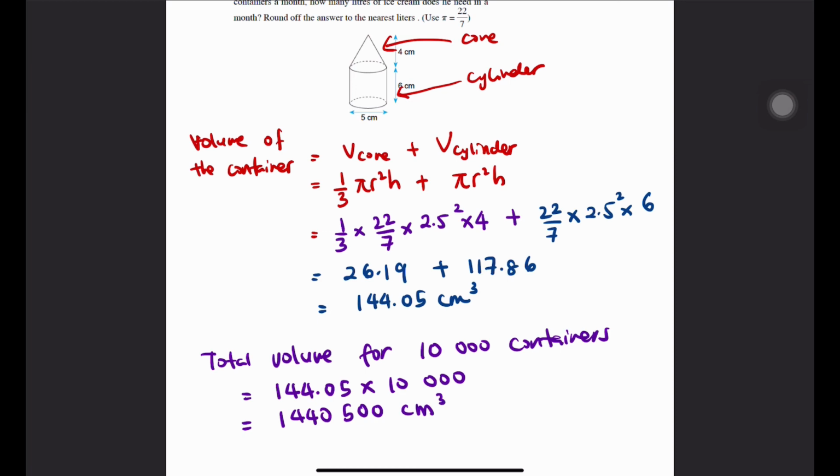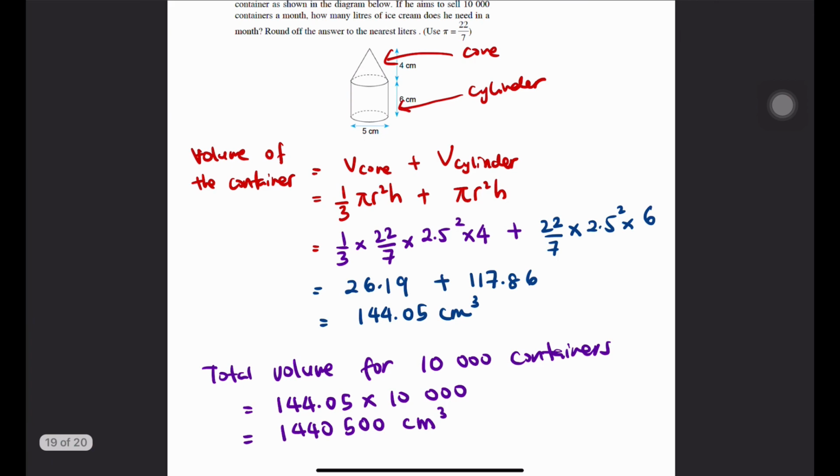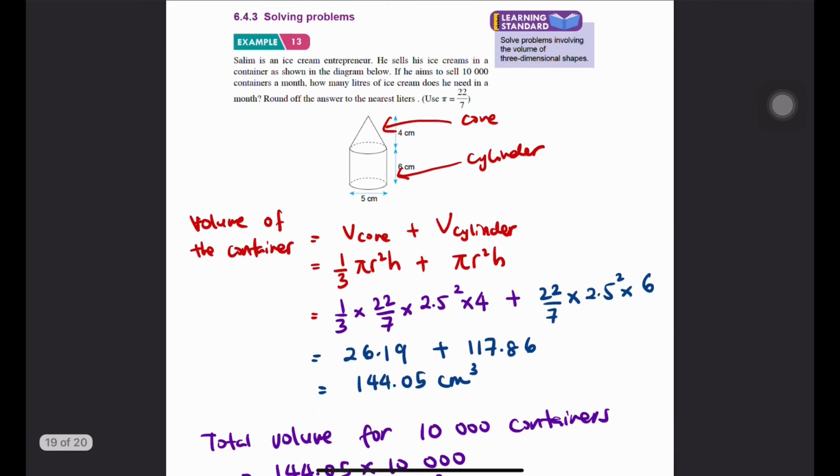Wow, so many, right? The question wants us to round off the answer to the nearest liter.